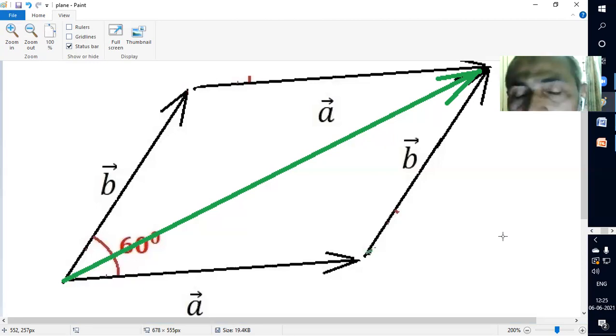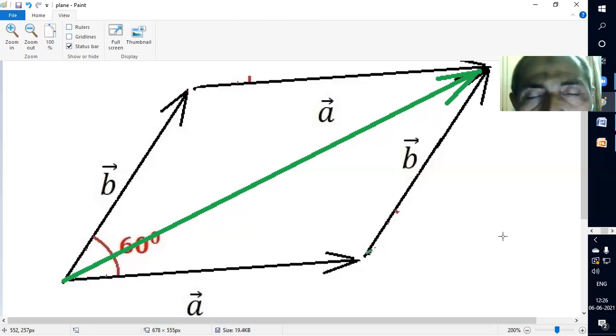Now, if you see this parallelogram, the parallelogram is drawn when the two sides of the parallelogram are represented by the two vectors. We have started this figure with the two vectors A and B, and those vectors have their tails coincident. When the two vectors are drawn such that their tails are coincident, then you can construct one parallelogram.